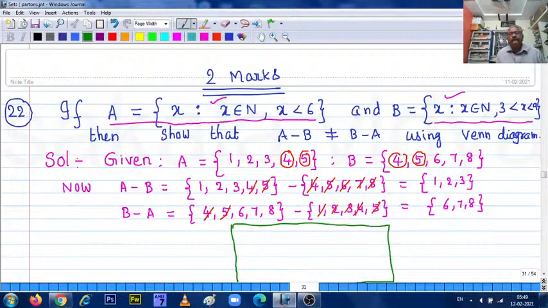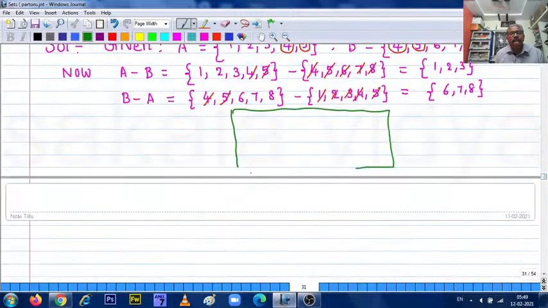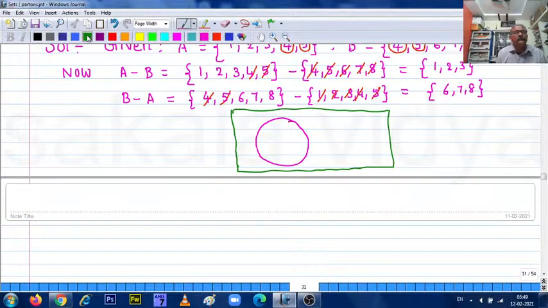This is set A. This is set B. Set A, set B. This is mu. First the common elements. What are the common elements here?